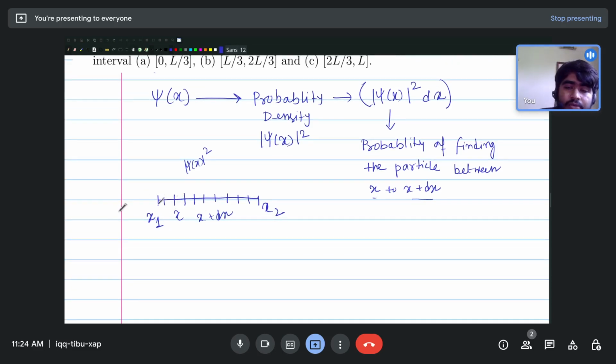And then what we should do is take the total sum of all of these slices, only then can we find the total probability of the particle being found in the x1 to x2 interval.